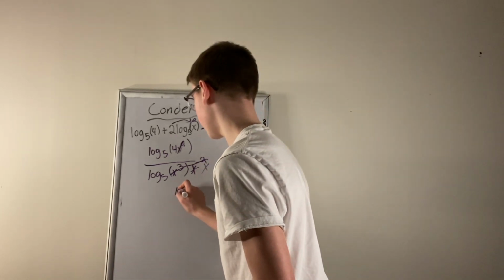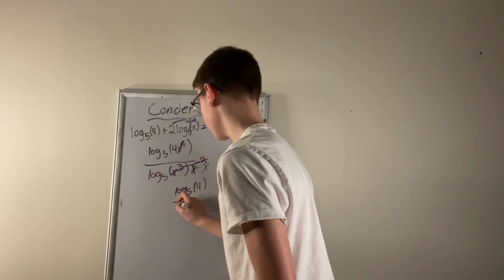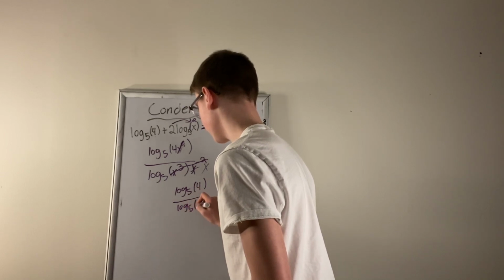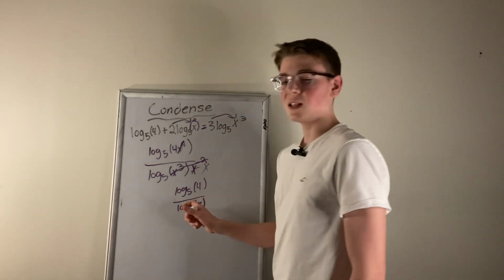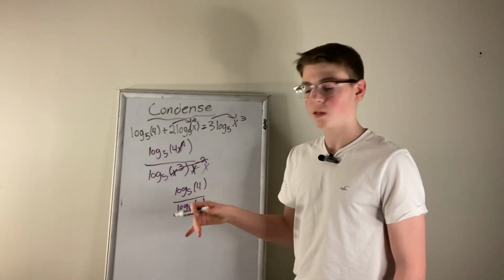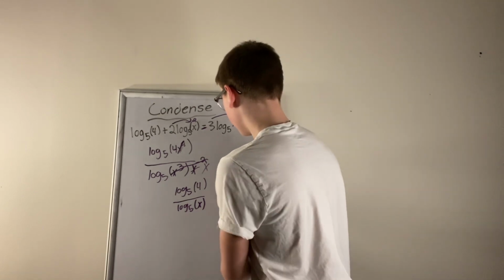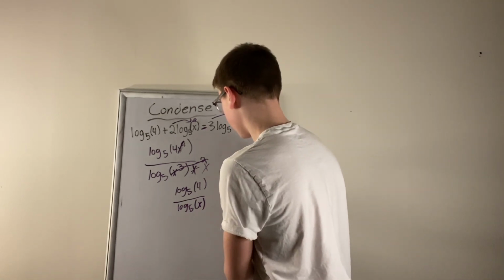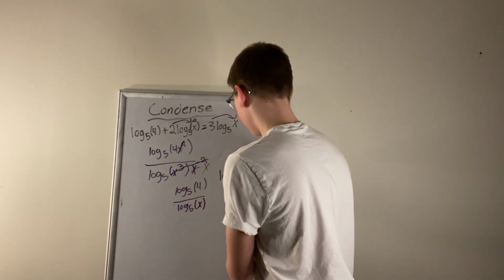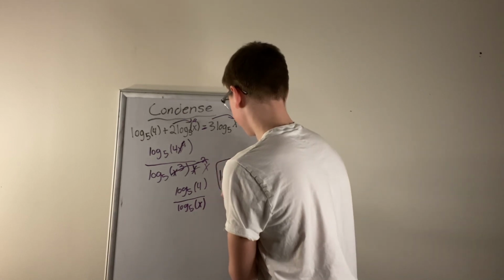So log base 5 of 4 over log base 5 of x. And since these are the same log, both the numerator and denominator, we are just going to take this log and move it outside. So log base 5 of 4 over x.